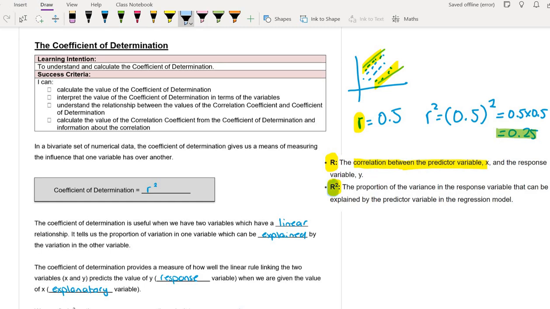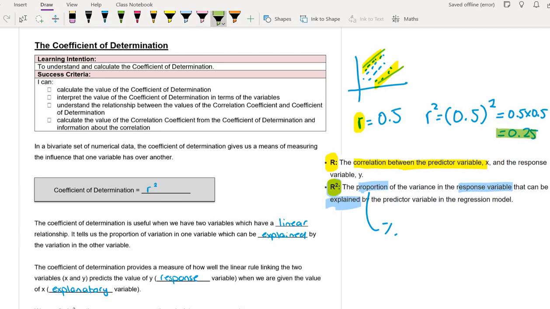What the R squared value tells you is the proportion of your RV that is explained by the EV. Proportion is like percentages.